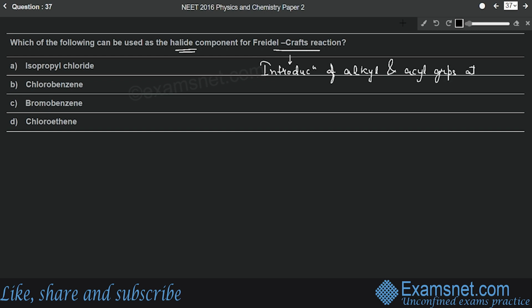at the ortho and para positions of the aromatic ring by the reaction with alkyl or acyl halides in the presence of a catalyst.